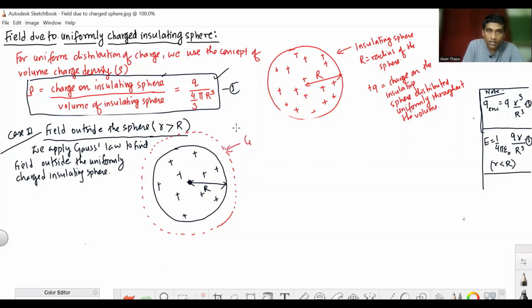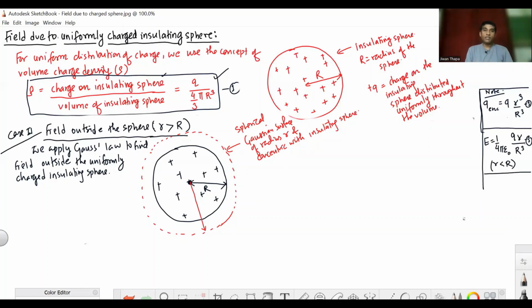This is the spherical Gaussian surface of radius, sorry, its radius is small r, and concentric with the insulating sphere. So we have this.